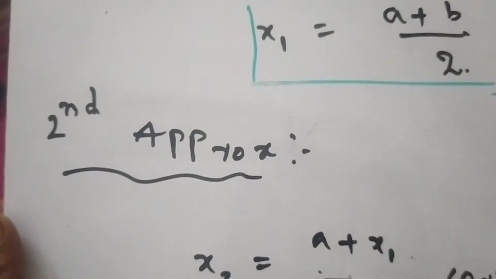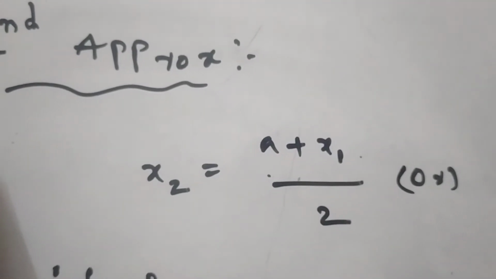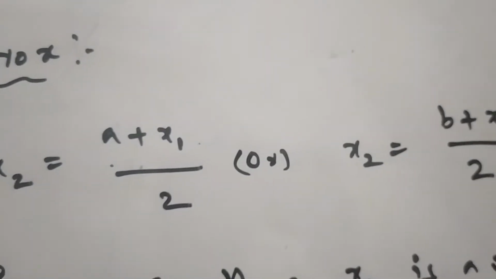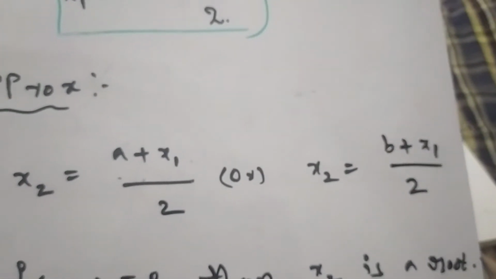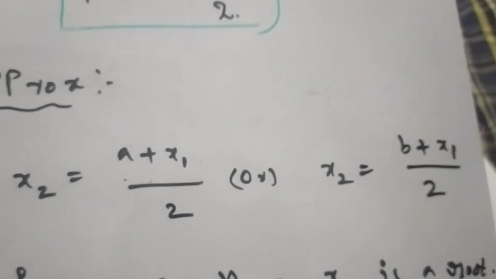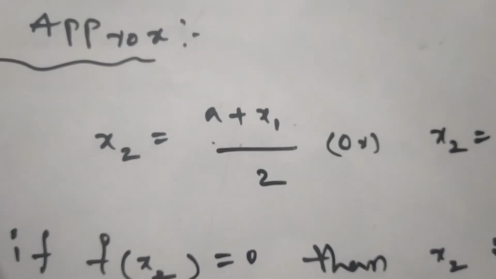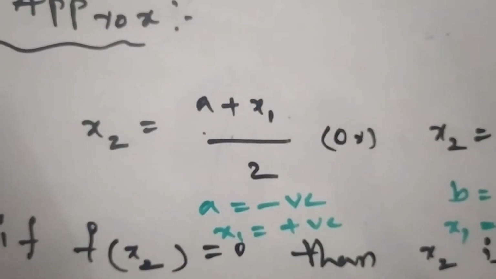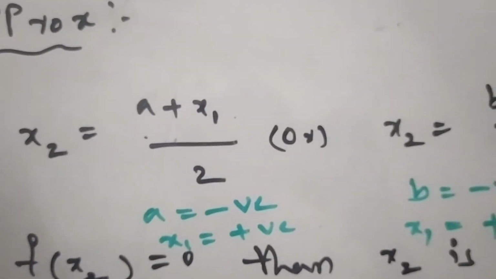Second approximation, x2 equals (a plus x1) divided by 2 or x2 equals (b plus x1) divided by 2. Why? In this method, a is negative and b is positive.